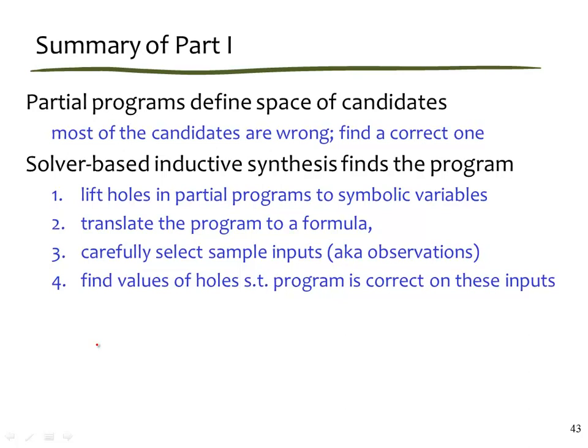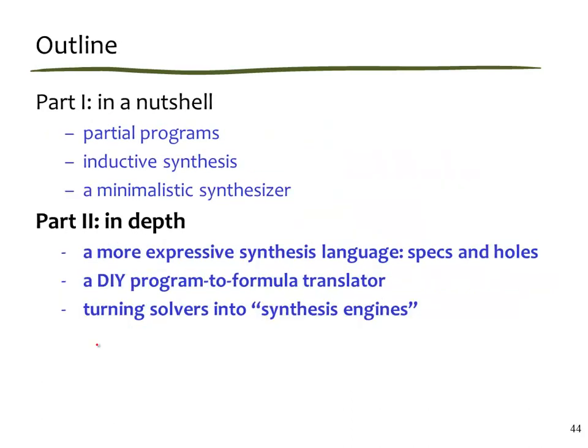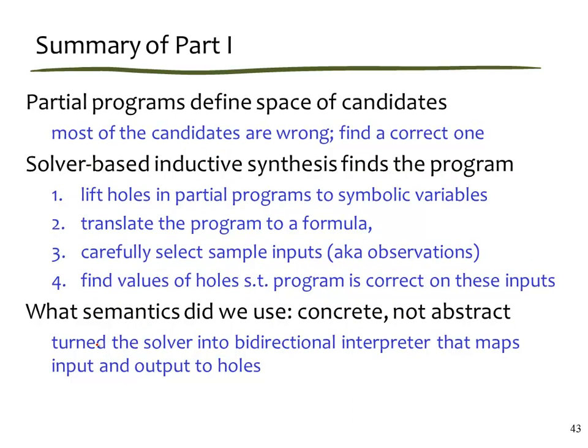And then you find the holes that indirectly find the program. We used concrete semantics for 2 reasons: first, making it concrete gives you the necessary efficiency, and second, concrete semantics is more easily obtained than suitable abstract semantics. So before we go to part 2, I want to stop here and maybe give people a 5-minute break.